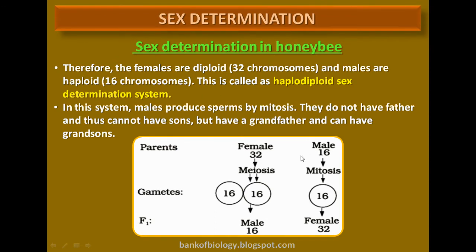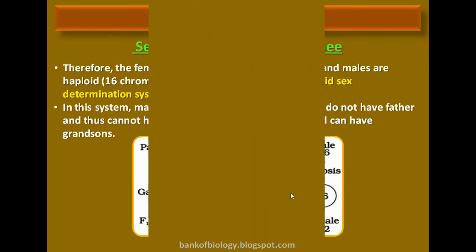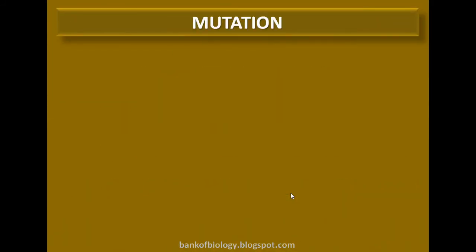So there will be mitosis and then the gametes will be formed. And fusion with the ovum gives rise to a female, and if it develops from an unfertilized egg from the female, it gives a male with a haploid constitution of genes, that is 16 chromosomes. So that was about sex determination.